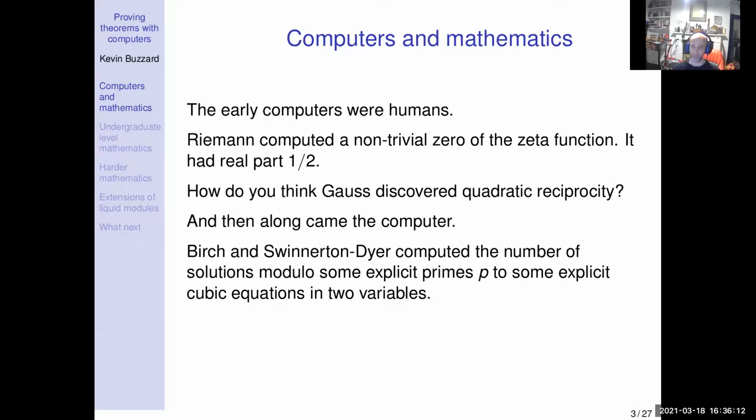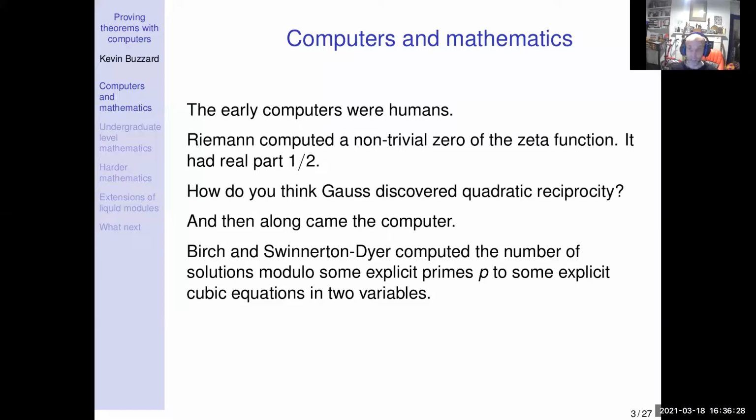This is before the semiconductor revolution. But using this machine, in its downtime in the evenings, they managed to get enough data that ultimately turned into the Birch and Swinnerton-Dyer conjecture.